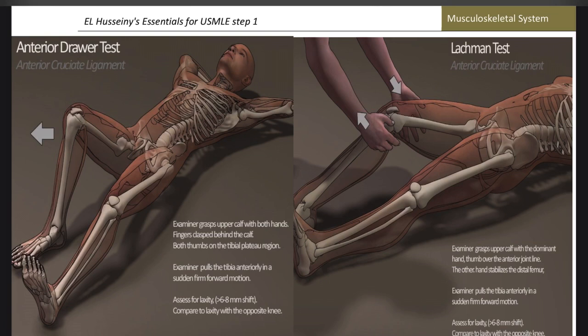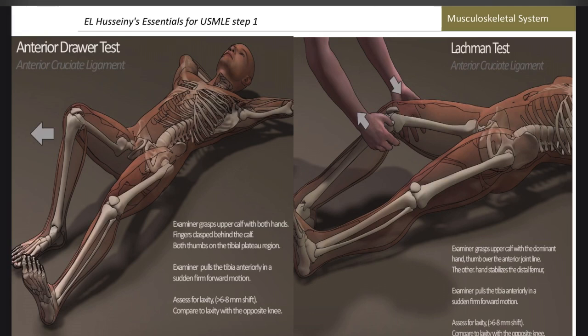In the anterior drawer test, the knee is flexed to 90 degrees, and we pull the tibia like a drawer, in this direction. It's showing an arrow, right? Like that you have to pull. Whenever you pull, if the knee comes forward, then we think the test is positive.